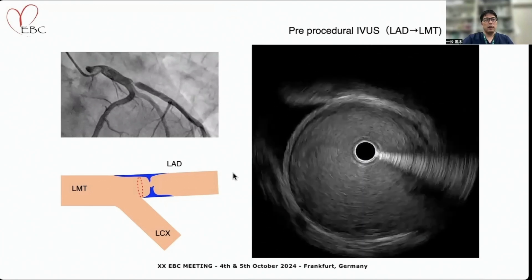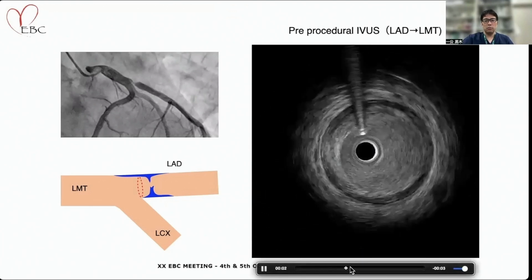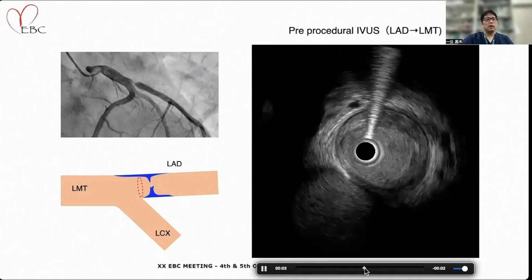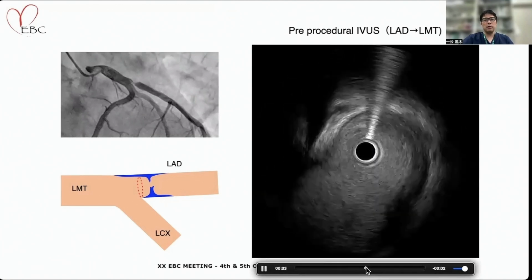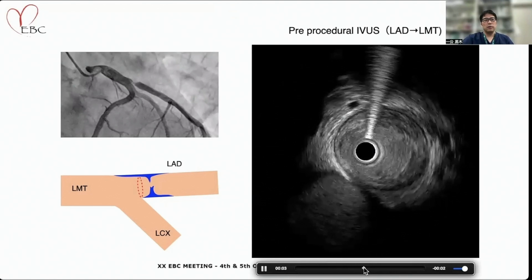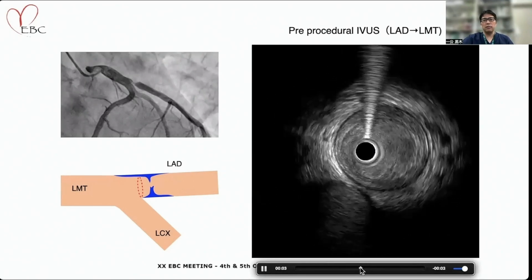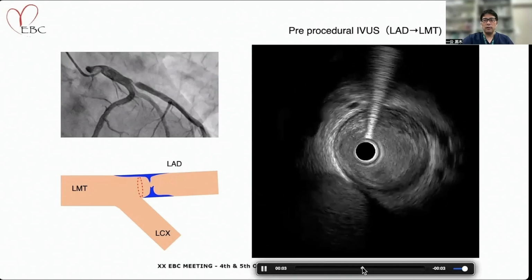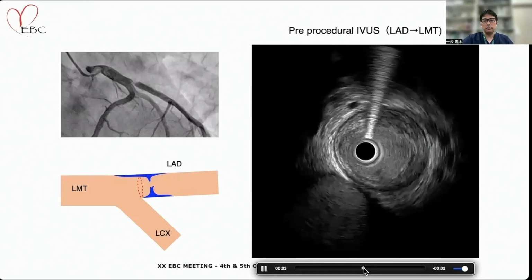You can see the slit-like region in the LAD ostium, and the percent plaque area in the LAD ostium was 52%, and we thought precise LAD ostial stenting is needed. Otherwise, LMT crossover stenting should be selected.